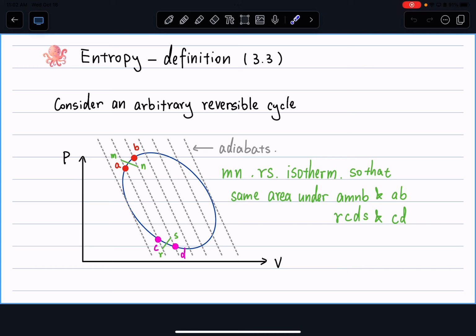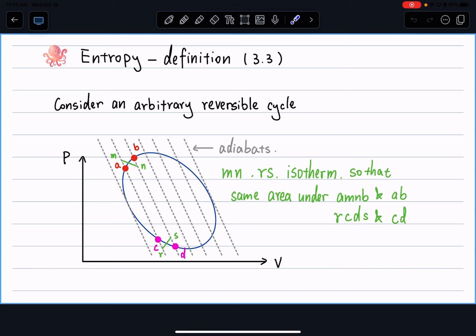When we say something is an adiabat, it means every point on that gray dotted line is an adiabatic transformation. So from B to D will be an adiabatic process, from N to S will be an adiabatic process, and so on. Everything along that gray curve will have Q equal to 0.